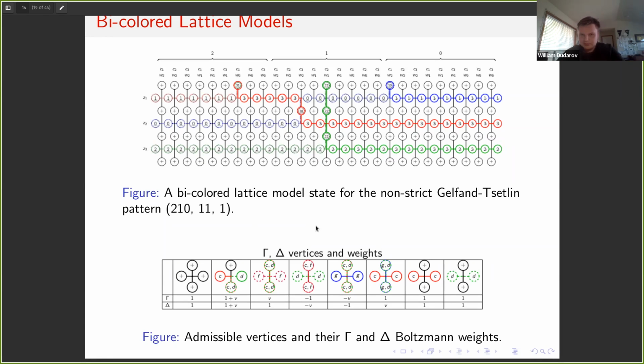First, I wanted to mention bicolored lattice models, symmetric lattice models. These work for non-strict Gelfand-Tsetlin patterns. So this is actually a bicolored lattice model state in bijection with the non-strict Gelfand-Tsetlin pattern 0, 1, 1.